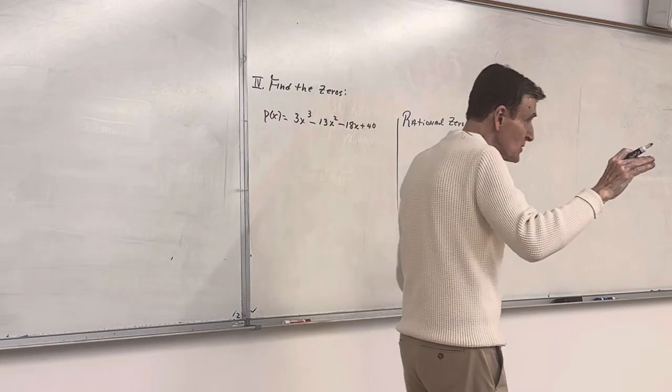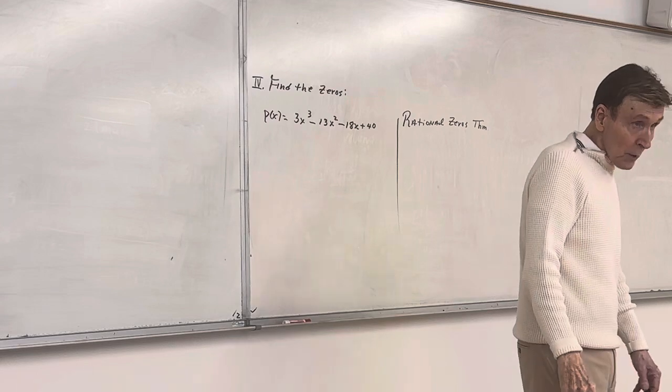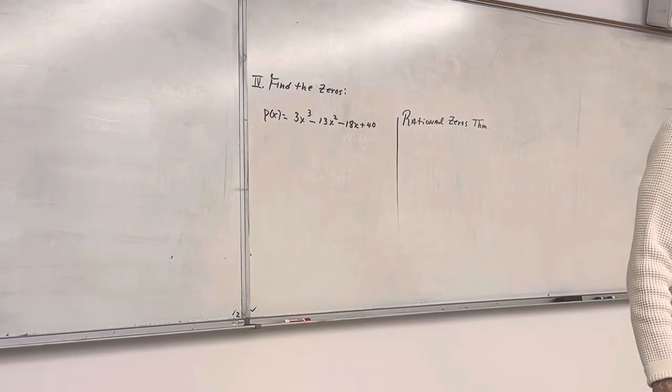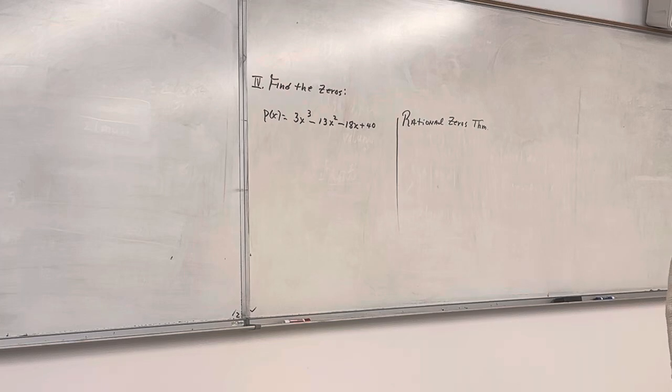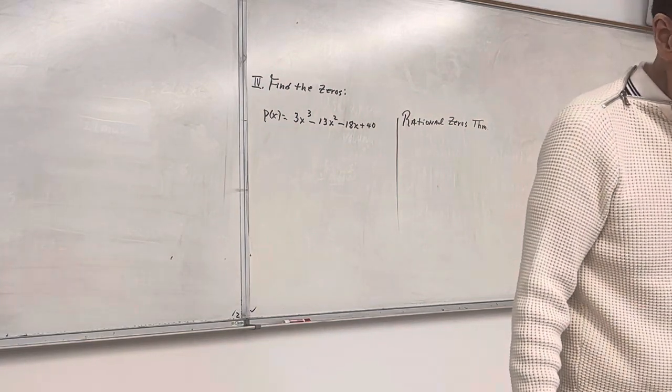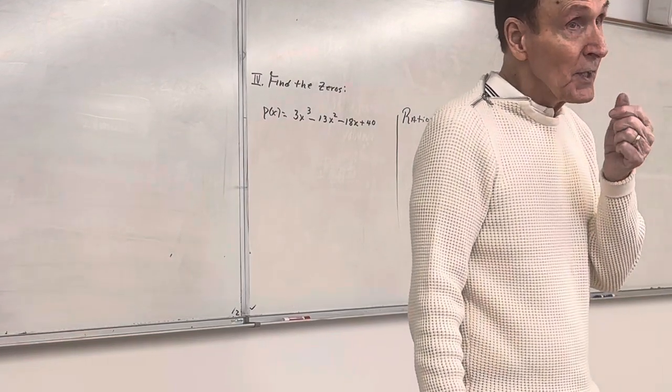Now, if I have a student read to me the word rational. When the student finally reads to me, it's going to look much like what the kid in middle school did. But when the student reads the statement on your handout, rational zeros theorem, this does not include irrational numbers.